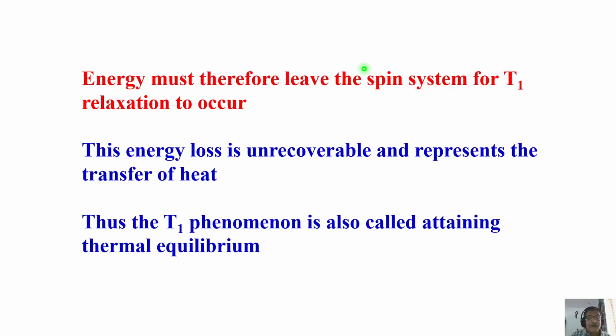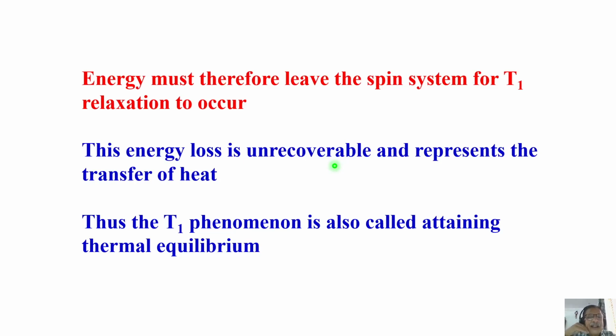When you give out the energy like that, somebody has to take that energy, and something should happen to whoever takes it. And this energy loss is not recoverable. It's a one-time loss, unidirectional. How does it lose the energy? It takes energy and gives it to somebody in the form of heat. It is sort of a transfer of heat.